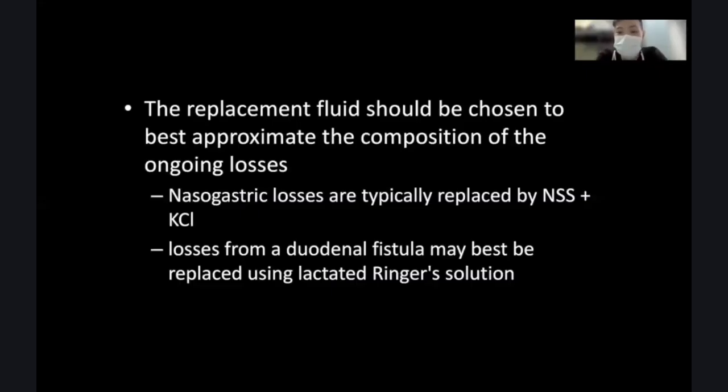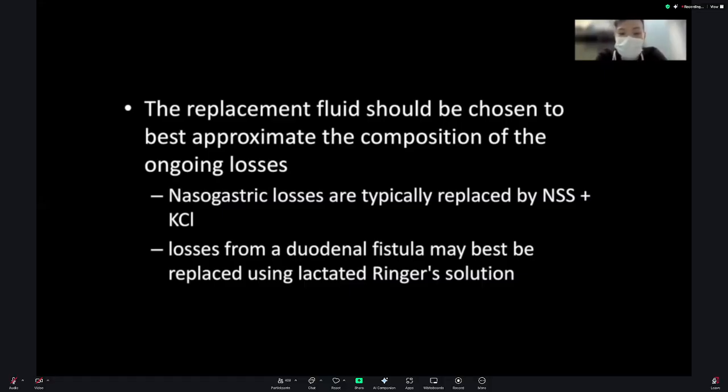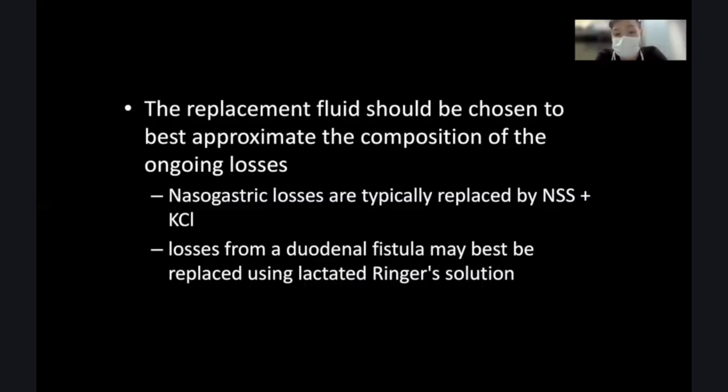And as we know, normal saline solution is purely sodium and chloride only. There is no potassium in your normal saline solution. You can also replace nasogastric losses, if it's purely gastric, but if it's venous, you can use plain LR, which has potassium content but lower sodium chloride content. Losses from a duodenal fistula may be best replaced using lactated Ringer solution or your plain LR.